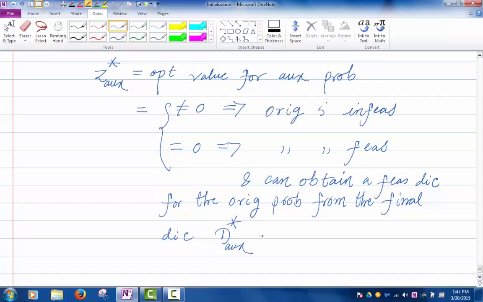How do you change the objective row? Go back to the original objective function. You say this is, let's say this is x1 plus x2 plus x3. You replace them by their values from the dictionary. You read off the values of the decision variables for the original problem from the dictionary, and then rewrite Z, right?